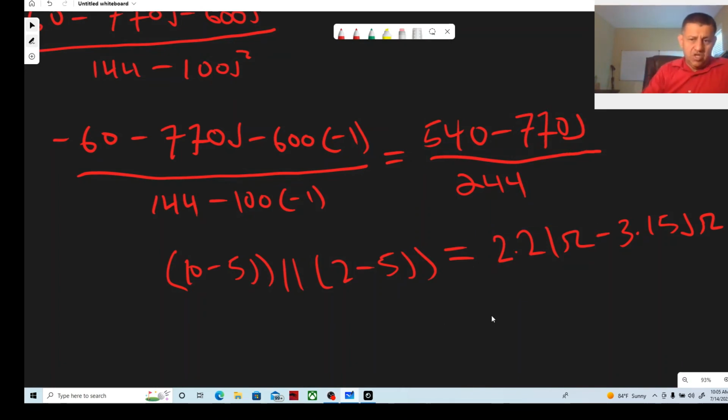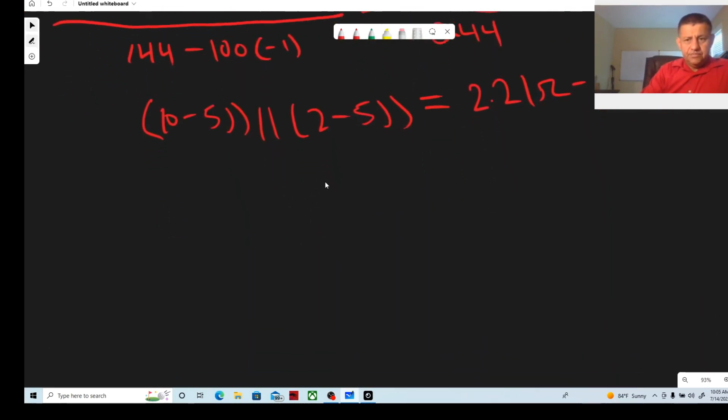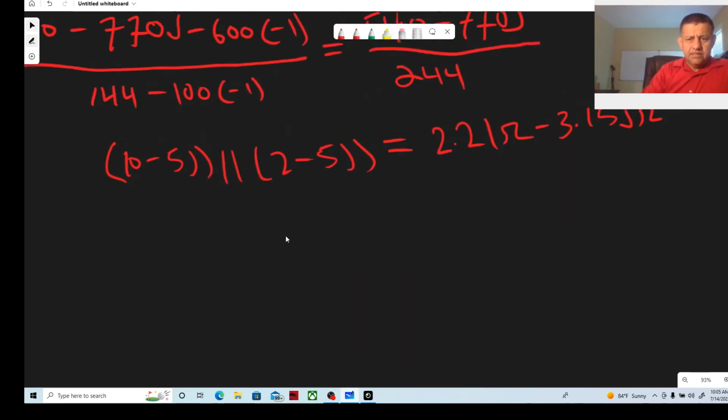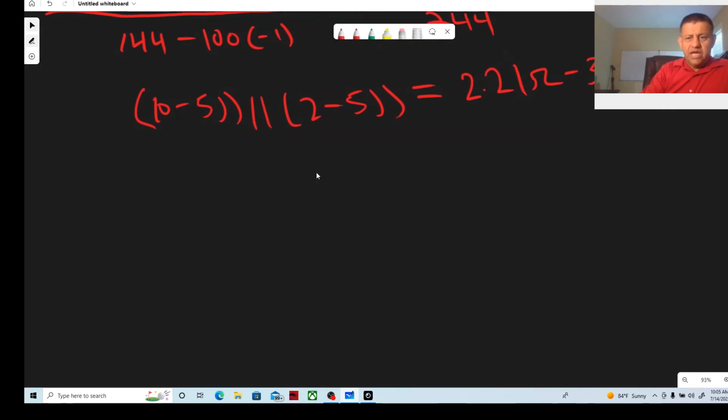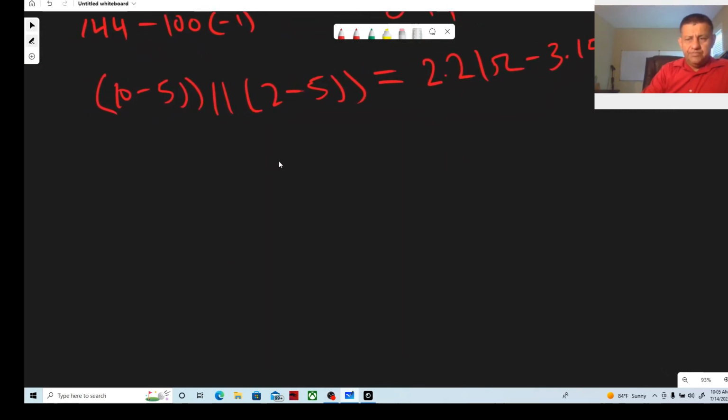Okay. So now that we have this, we can actually make it a series circuit. See that? Because the parallels are done. We're done with the parallel element, right?